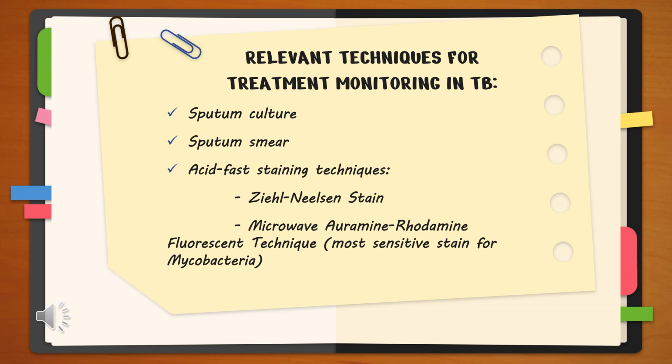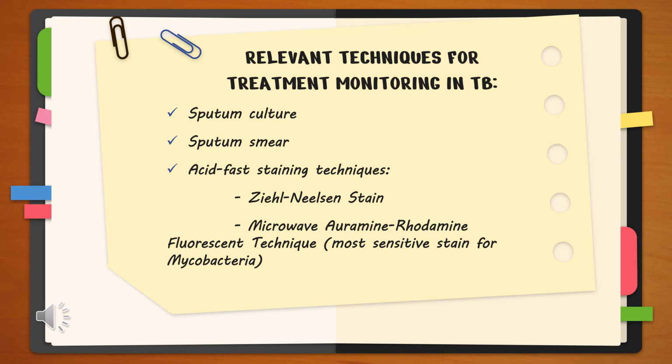With sputum cultures, a sample of sputum is placed onto a nutrient-rich medium to encourage the growth of microorganisms responsible for a specific infection, which are then identified through staining. In sputum smear, collected sputum samples are evenly spread on slides and placed in a fixative for staining.